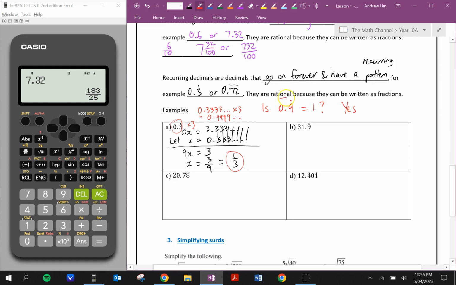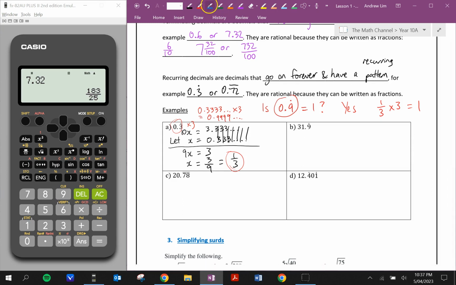I would, which is 0.9 repeater. Well, if 0.3 repeater is 1/3, and I times that by 3, that gives me 1. So we can see here, 0.9 repeater is actually equal to 1.